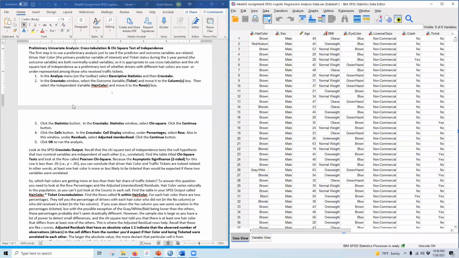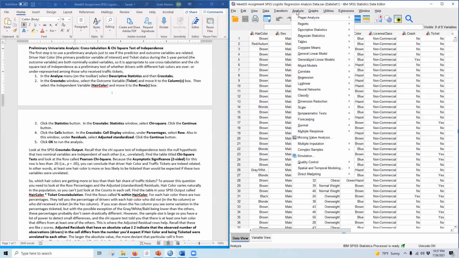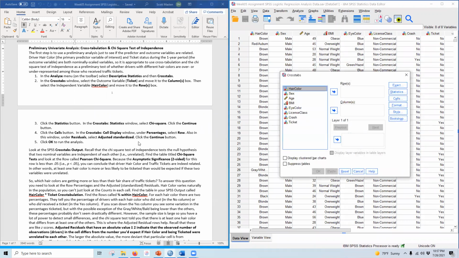So what do we use to look at whether two nominal variables are related to each other? Chi-square test of independence. To get it, we go to analysis, descriptive statistics, and cross tabs. Just so we all match here, take the outcome variable ticket and move it to the columns box.